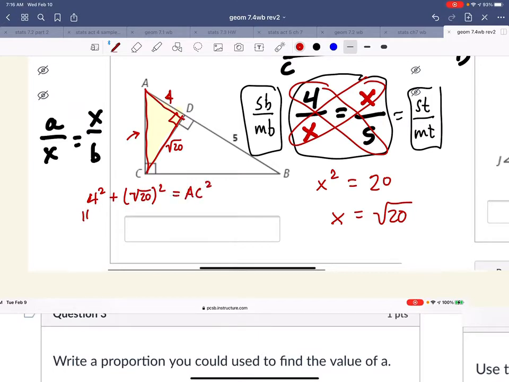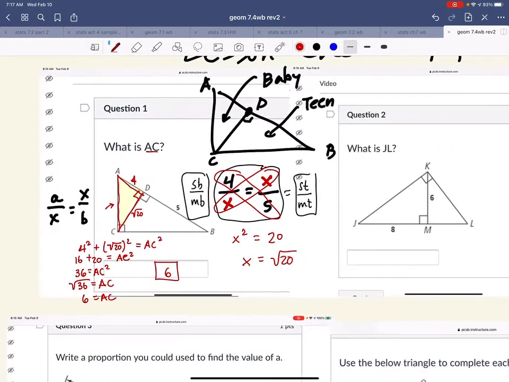So I get 16 plus 20 equals AC squared. 36 is equal to AC squared. Well, that worked out nice, didn't it? Because the square root of 36 is 6. Nice.